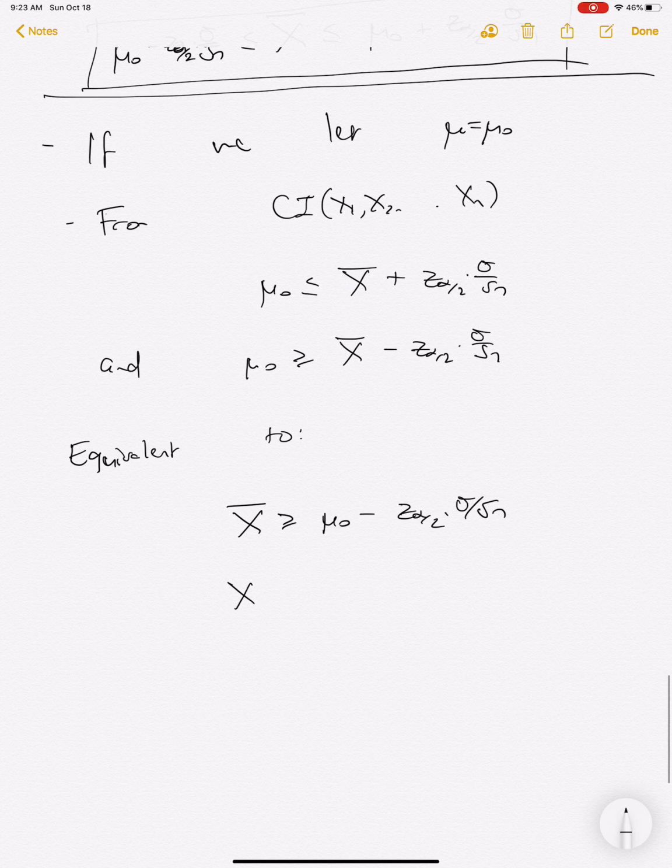And then the second statement is that x bar is less than or equal to mu0 plus z alpha over 2 sigma over square root of n. All I've done is to just rearrange the above statements.